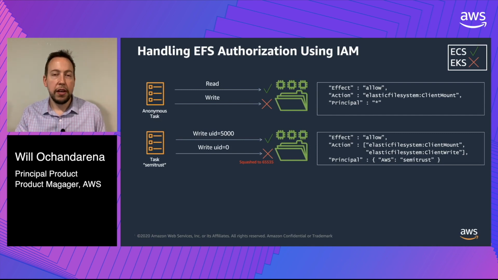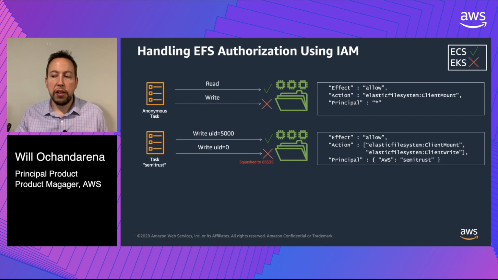So in NFS or just file system space, every operation you do has a particular user ID and group ID associated with it, and the ID of 0 means root or administrative access to the file system. In most cases, you actually don't want to give administrative access to your apps because it means they can read and write, delete anything in the file system, not just what you've given access to.